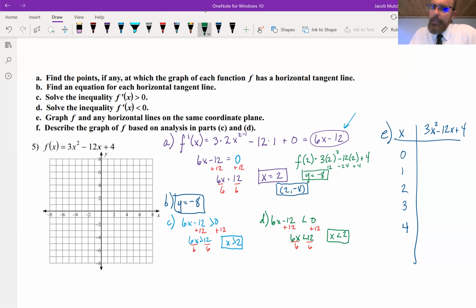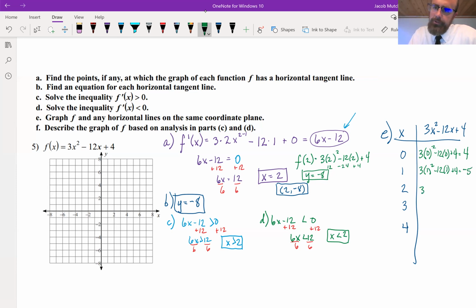So I'll just plug in here. The 0 plug-in is real easy because 3 times 0 squared minus 12 times 0 plus 4 is just 4. Those first two terms are destroyed. So this goes through the y-axis at positive 4. For 1, 3 times 1 squared is 3, minus 12 times 1, 3 minus 12 is -9, plus 4 is -5.